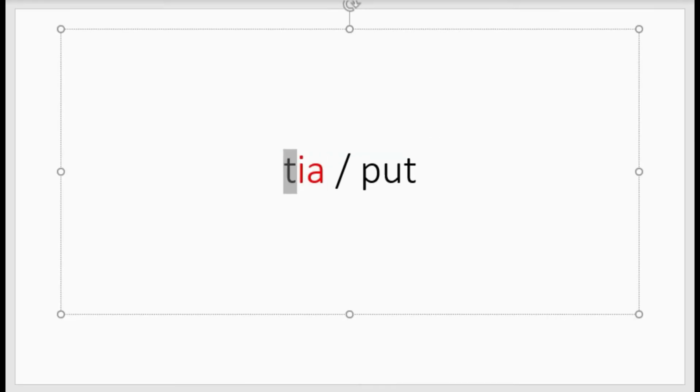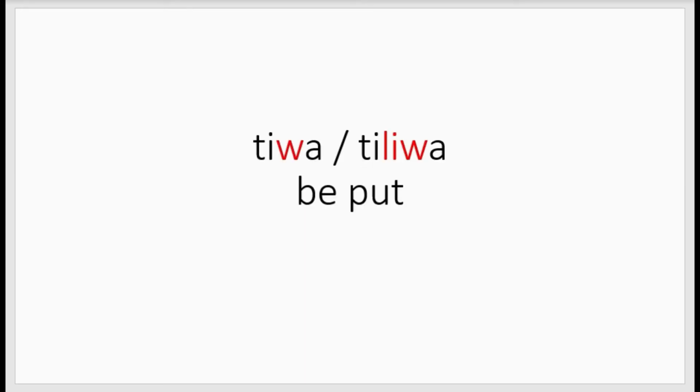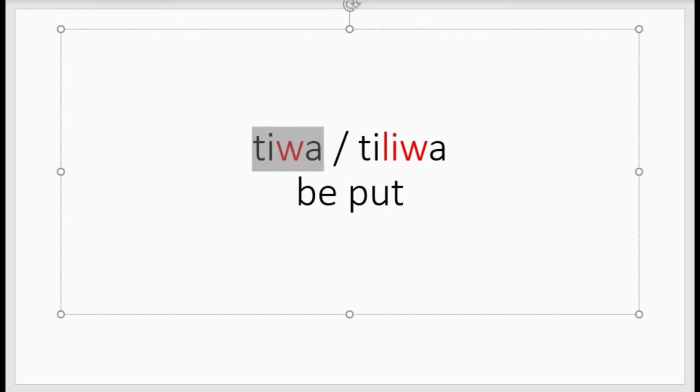Tia, which means put. Tiwa, or tiliwa. Tiliwa, which means be put.